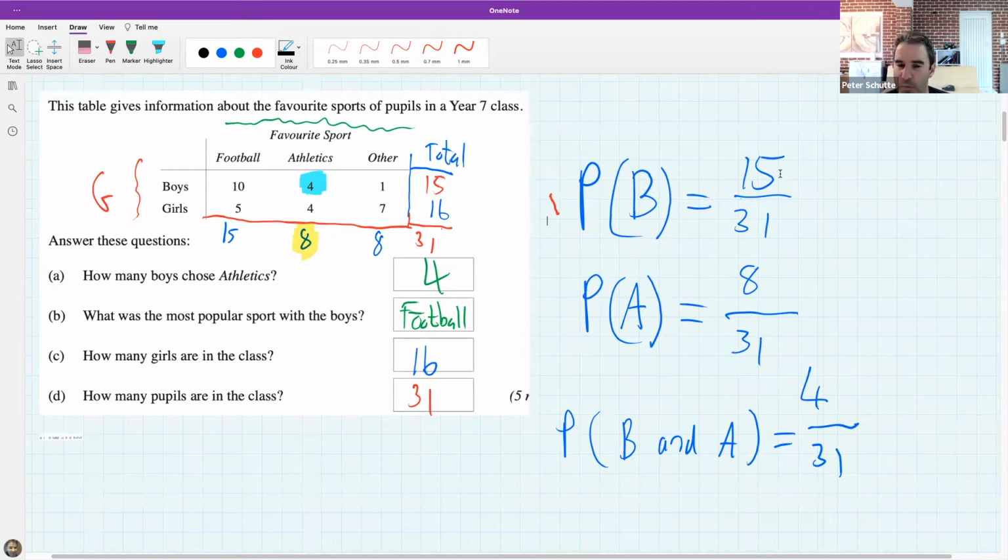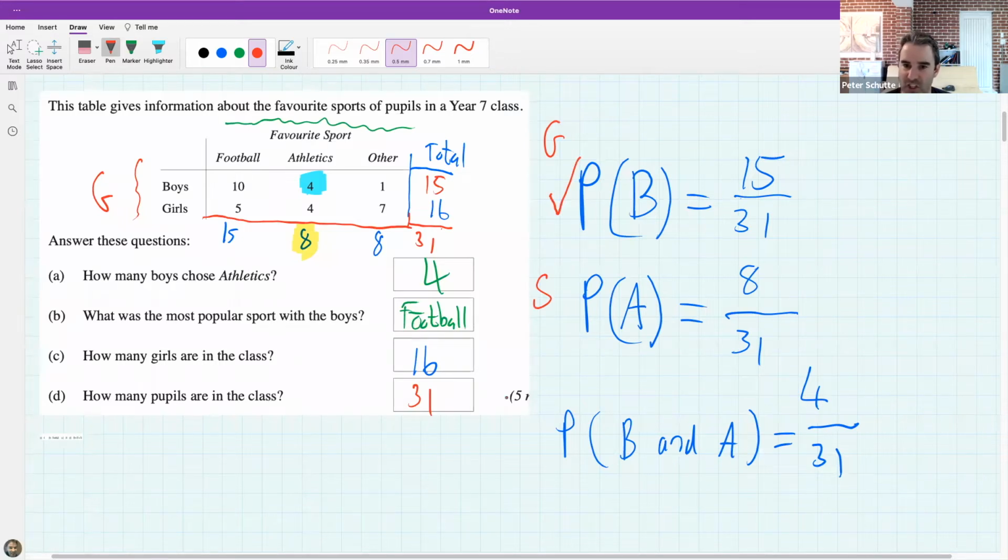Okay, you're almost perfectly there. So let me show you. So you said gender. So the P of B is gender, right? It's boys. And the P of A is athletics, which is for the sport. Can you see that those two calculations are gender and sports? And then the one at the bottom is both gender and sport.